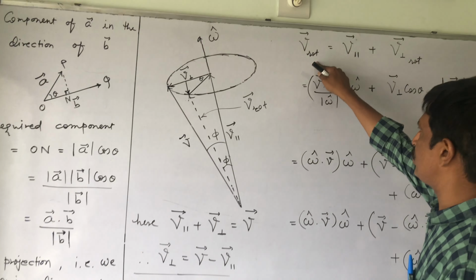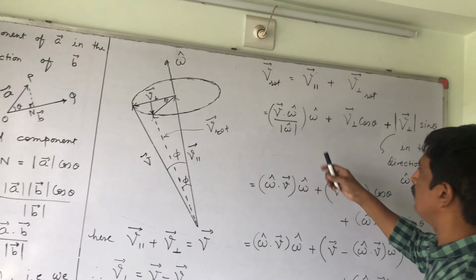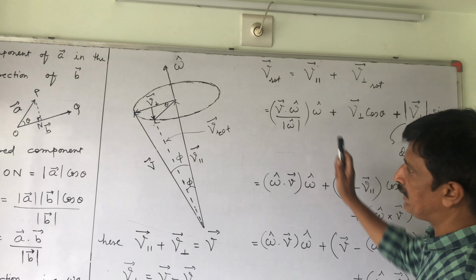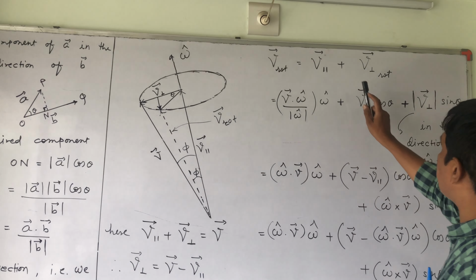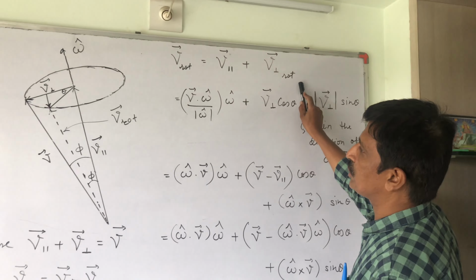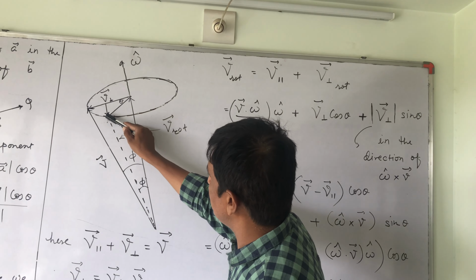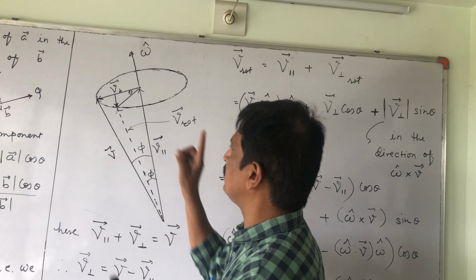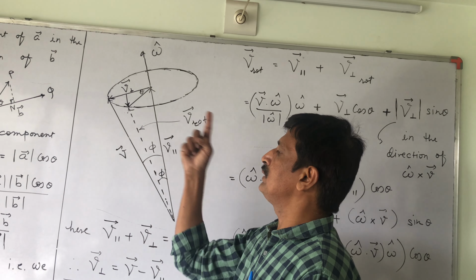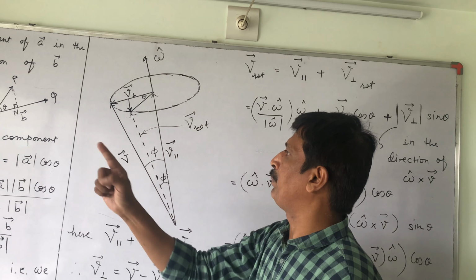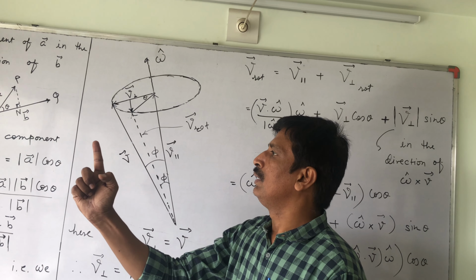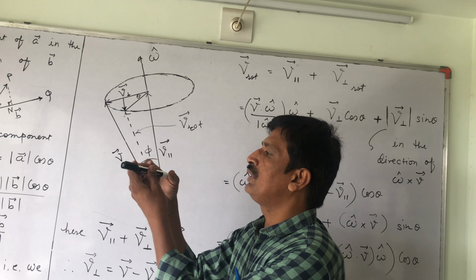Now after rotation, V parallel remains the same, plus V perpendicular after rotation. This is a circle in the plane perpendicular to omega cap. This one, initially perpendicular here, is rotated this way, so it has two components.